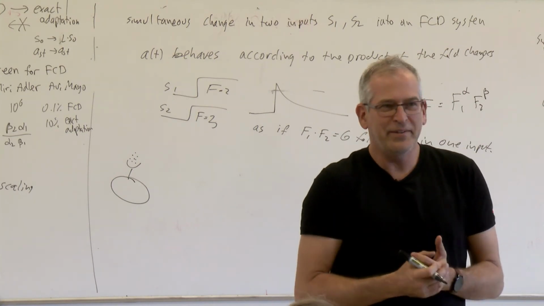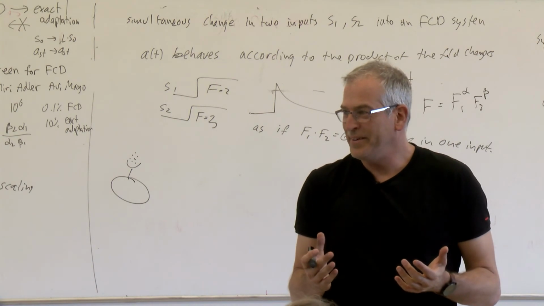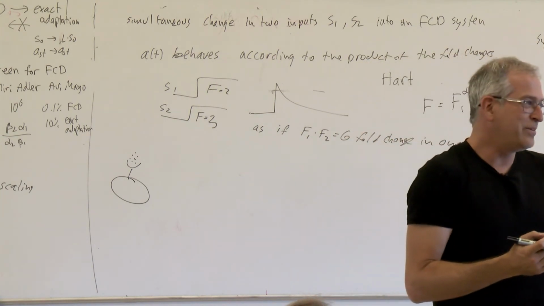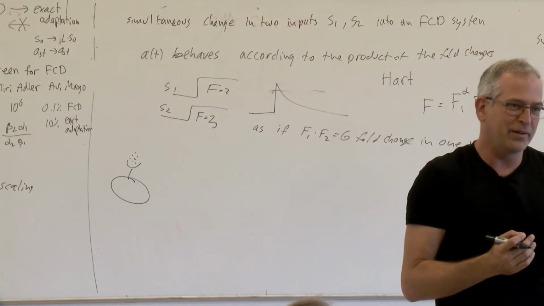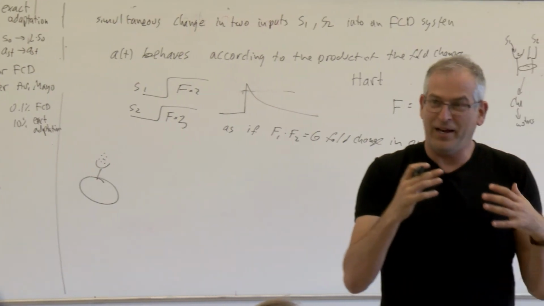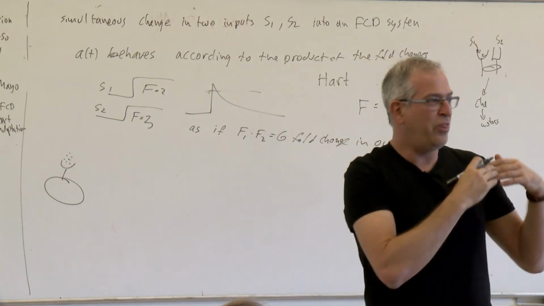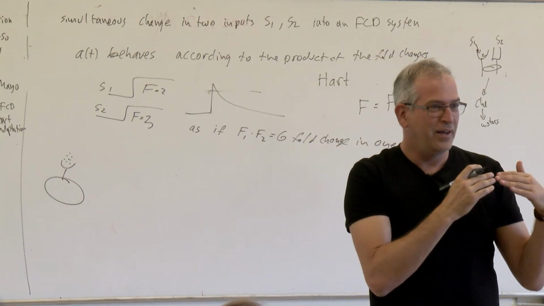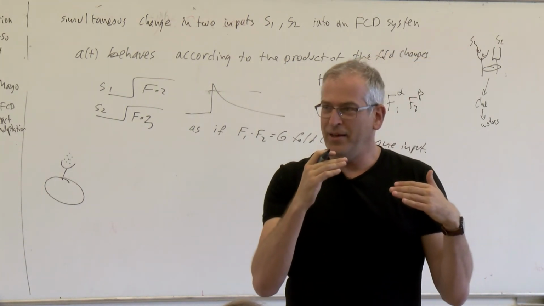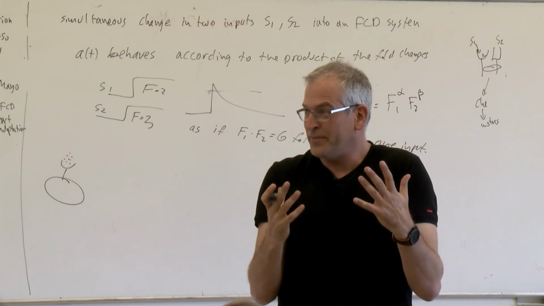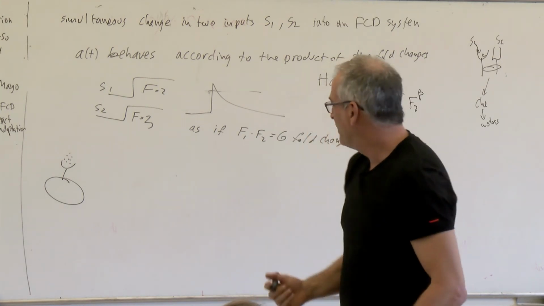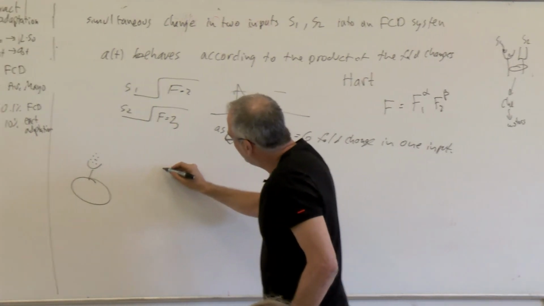So the answer is, it depends. If previously it saw just 1 binding event per second, and now it goes to 10, that's an eyebrow-raising 10-fold increase. But if it saw 1,000 binding events per second, and now it sees 1,010, it's probably a fluctuation, and you shouldn't get excited, right?